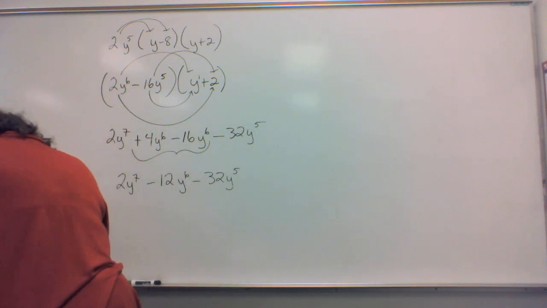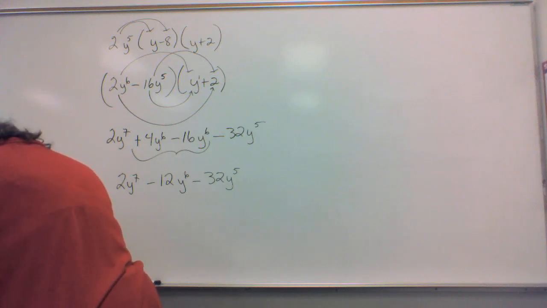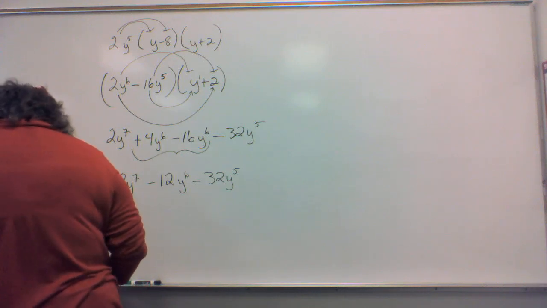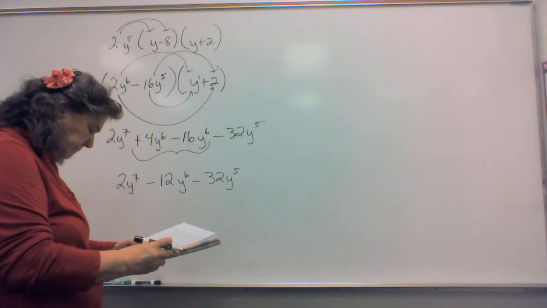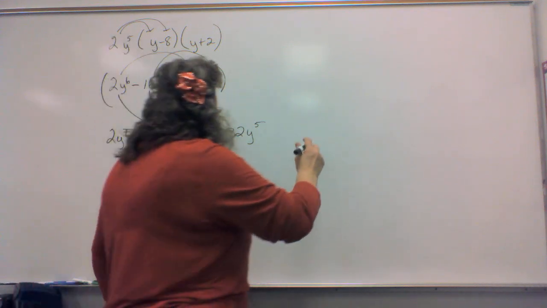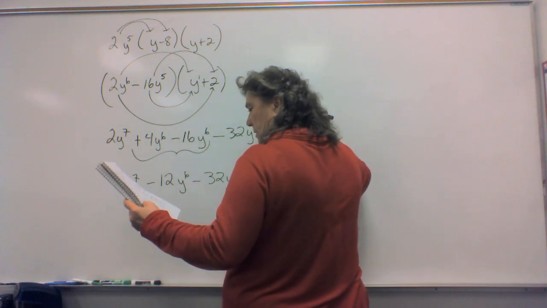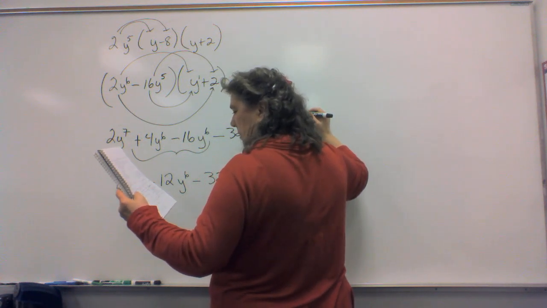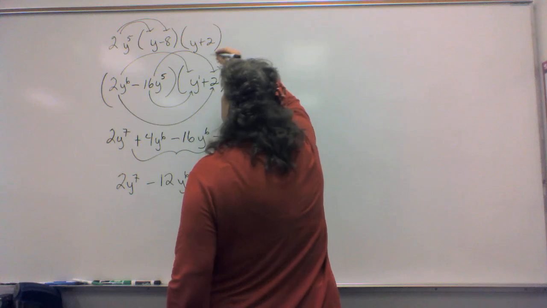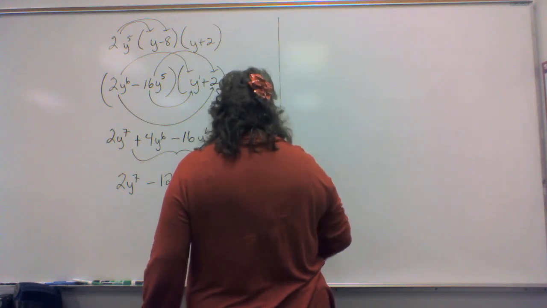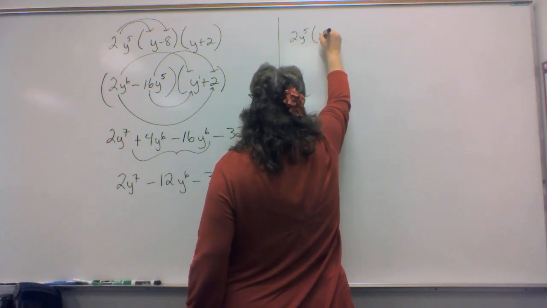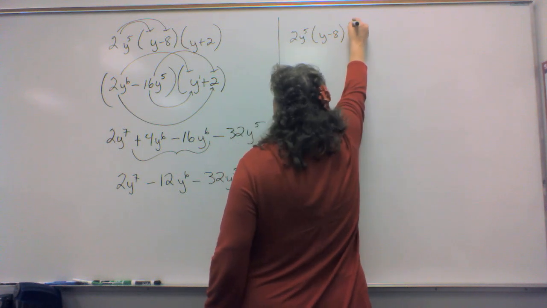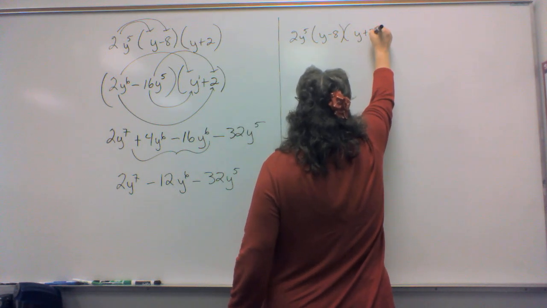Okay? Now, let's do it with the other one done first. So, let's look at 2y to the fifth. And this time, we're going to multiply y minus 8 times y plus 2 first.